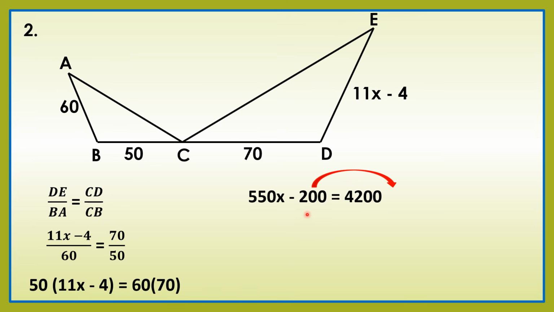Transpose natin yung negative 200 beside 4,200. So it will become positive. So magbabago sa ng sign. So we will have now 550x is equal to 4,200 plus 200. Simplify natin itong dalawa. So, we will have now 550x is equal to 4,400.